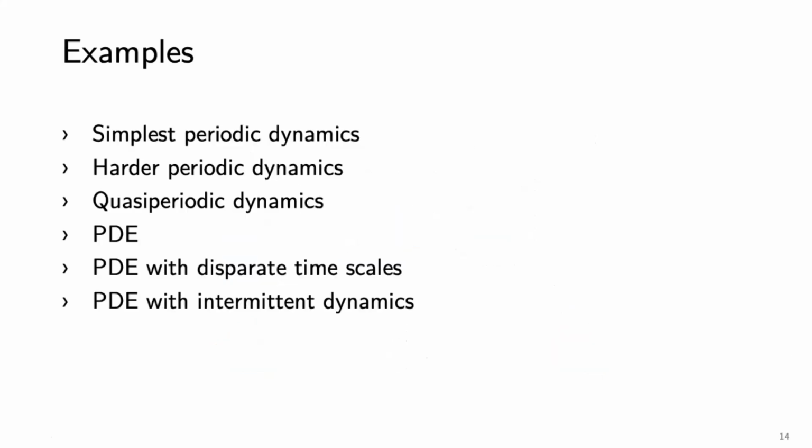Okay, so with all that said, I just want to take you through a handful of examples that demonstrate what this method is capable of doing. I'll start with some really simple examples, simple periodic dynamics, and end with a pretty difficult example of a PDE with intermittent dynamics.